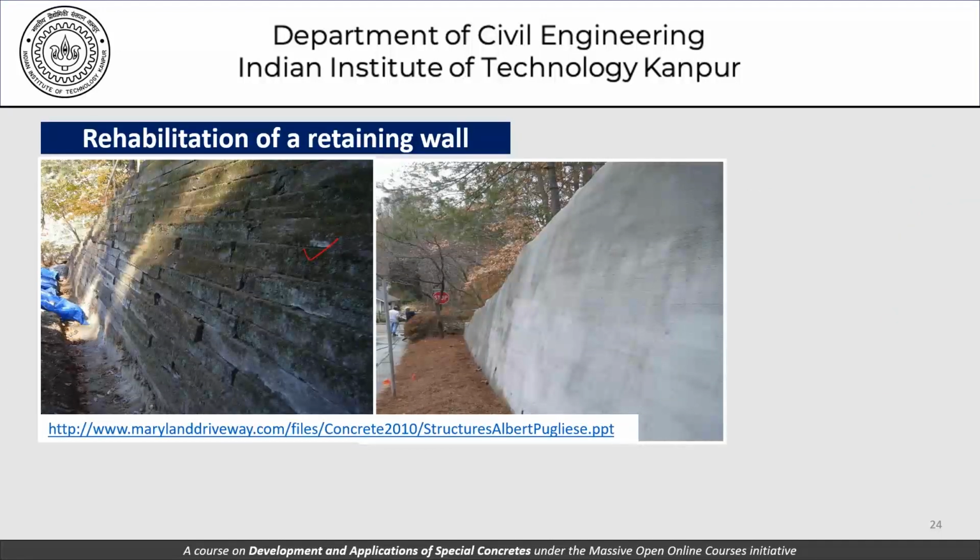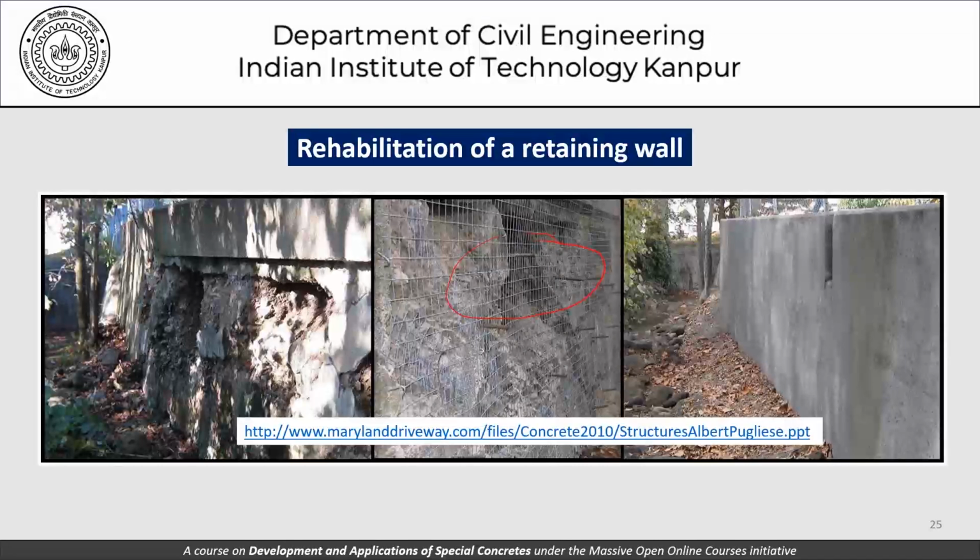So this again is of a retaining wall, where we have this retaining wall being rehabilitated into this form, and this again shows the versatile nature of the shotcreting operation and its applications primarily for repair works. This is a rehabilitation of a retaining wall. Again, we can see the rehabilitation including some kind of a mesh being placed first in position, and then the concrete being deposited to strengthen the retaining wall, which was possibly deteriorated to begin with.